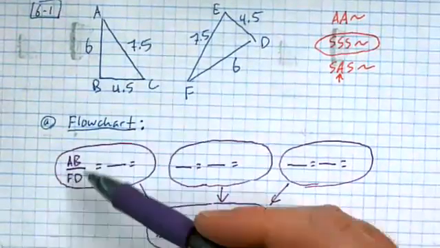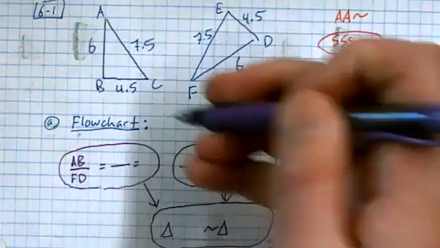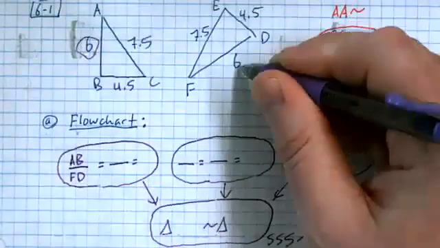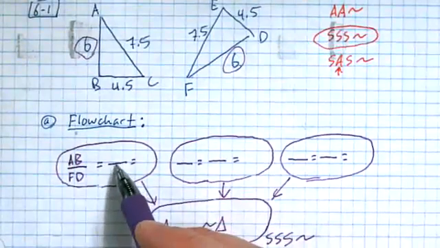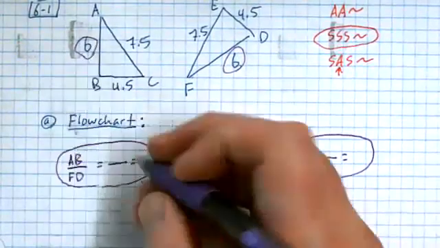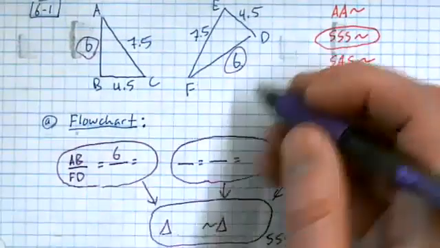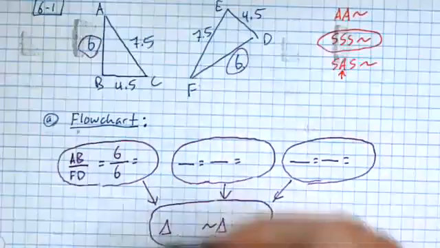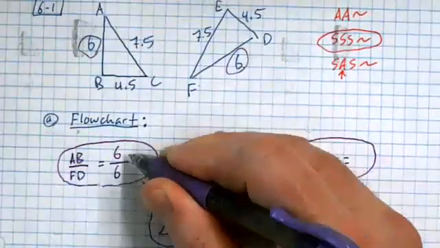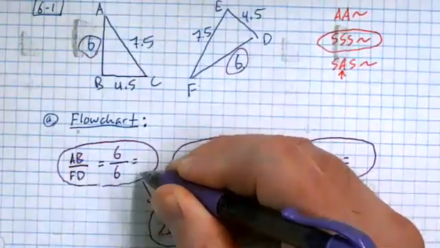So in the first fraction, we're naming the 2 sides. So we picked AB and FD. In the second fraction, we're going to give the length of the 2 sides. AB was 6 units long, and oh my gosh, FD was also 6 units long. And then over here, we're going to give the value of that fraction. What is 6 over 6 equal to? 1.